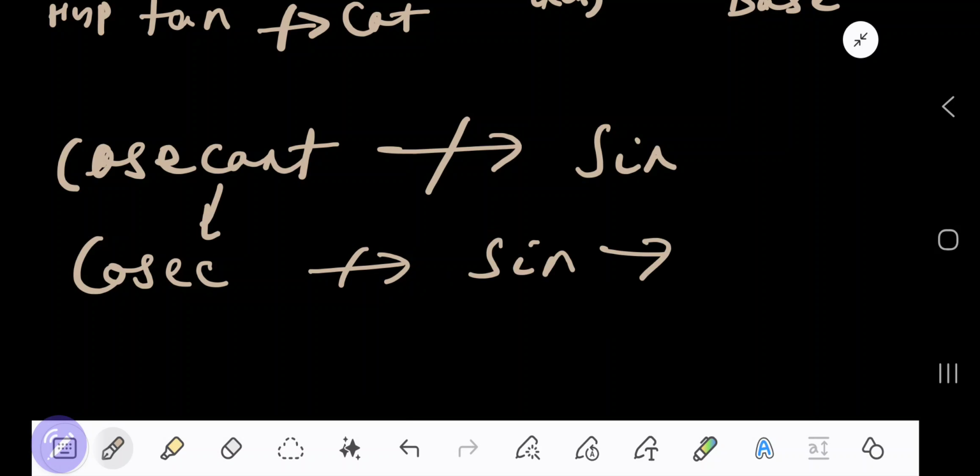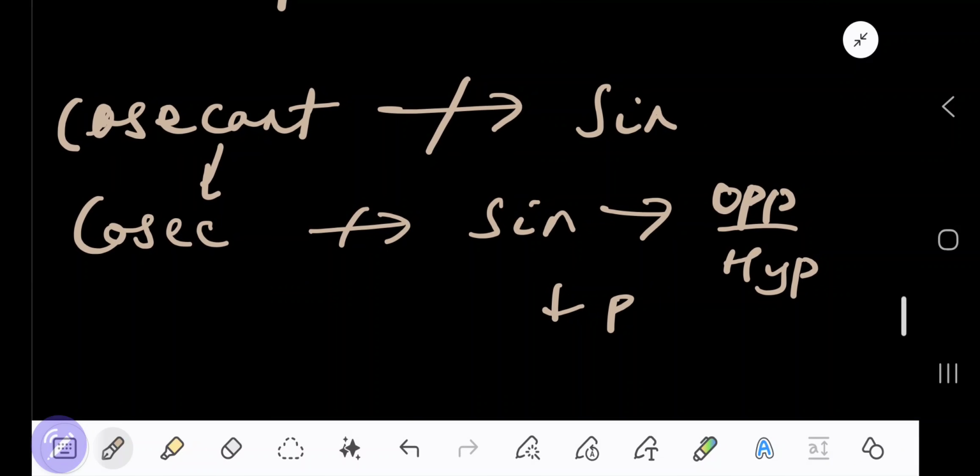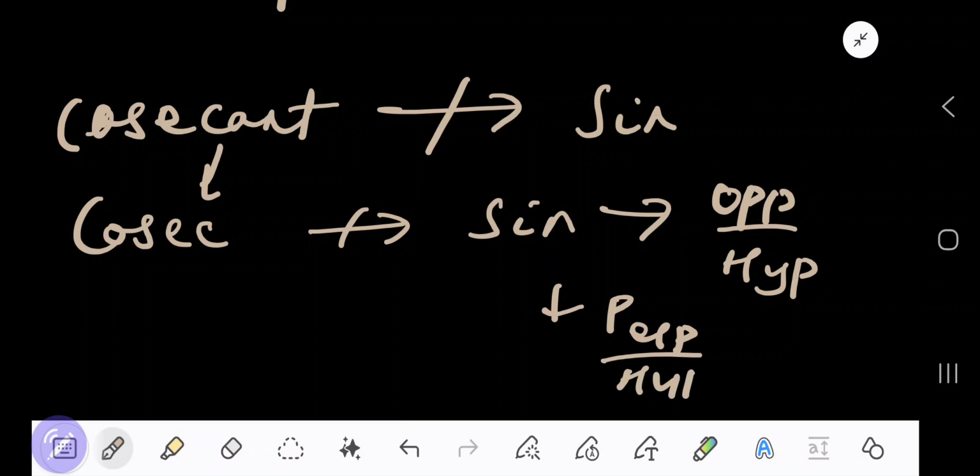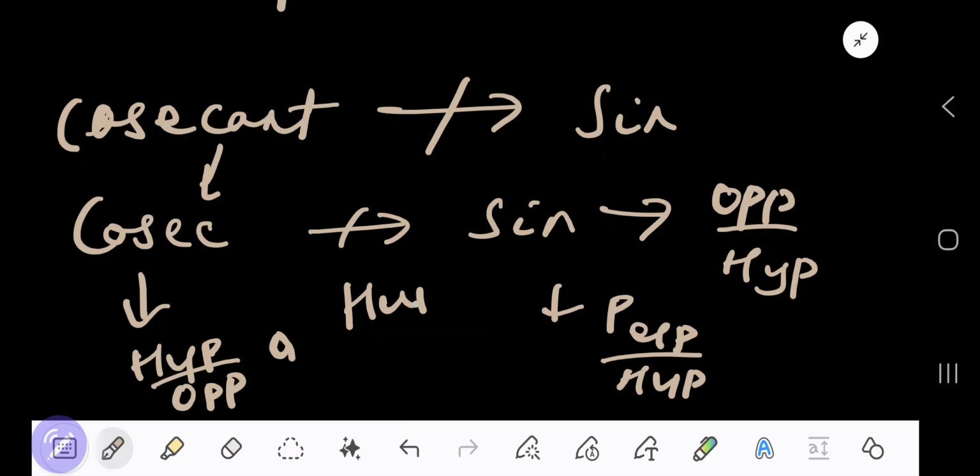So if you remember, sine was opposite by hypotenuse, or we can say perpendicular by hypotenuse. So same way, cosecant would just be hypotenuse by opposite, or we can say hypotenuse by perpendicular. Those are our 6 trigonometrical ratios.